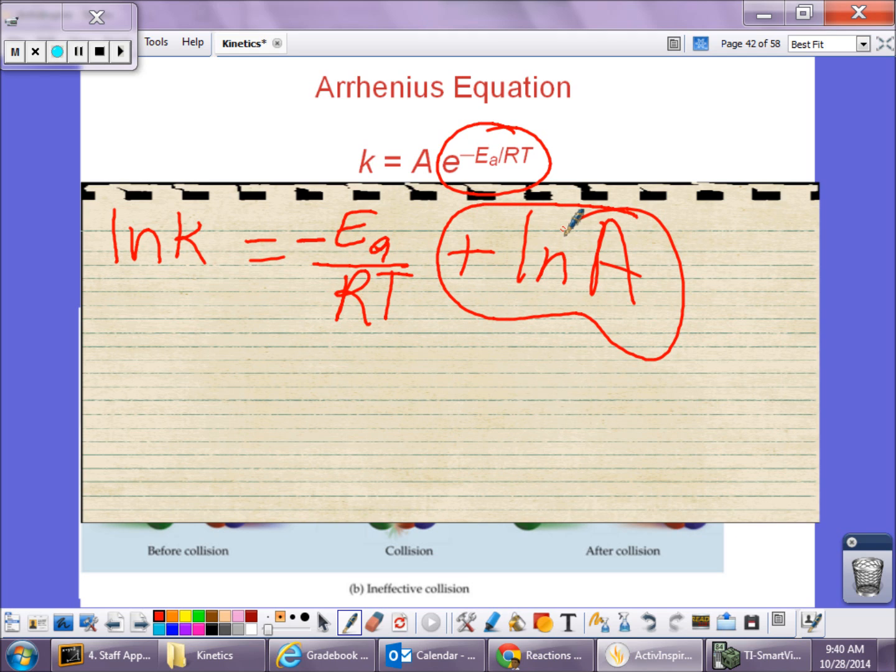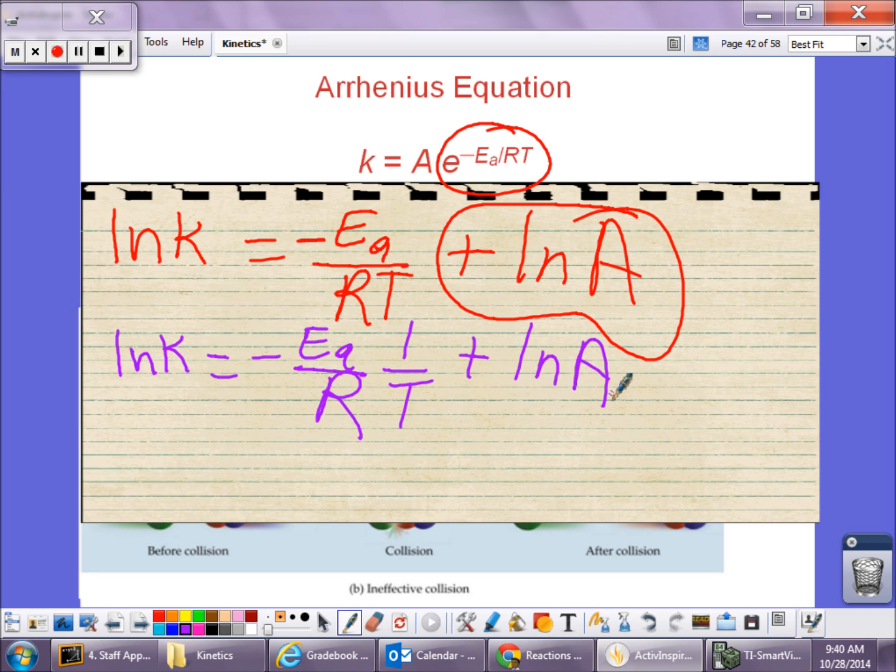What I really want you to learn here is that this is in the form of a linear equation. The natural log of k equals negative activation energy over R, the energy gas constant, which is 8.31, times 1 over T, the inverse temperature, plus the natural log of A, which you don't have to worry about.